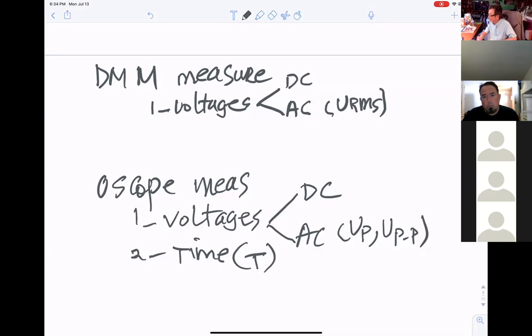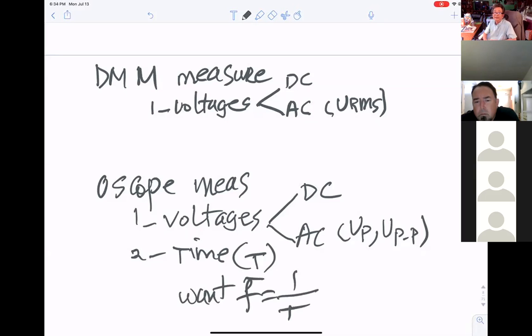It only gives you the period. If you want the frequency, use the formula 1/T. That is very, very basic, okay?